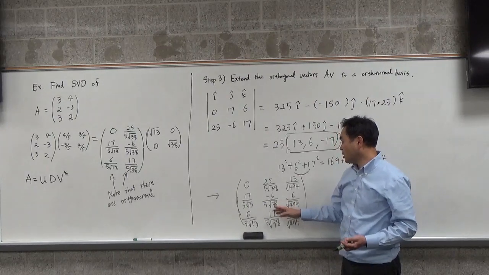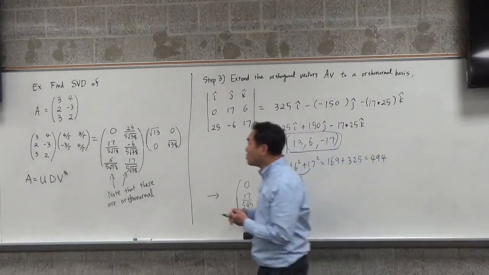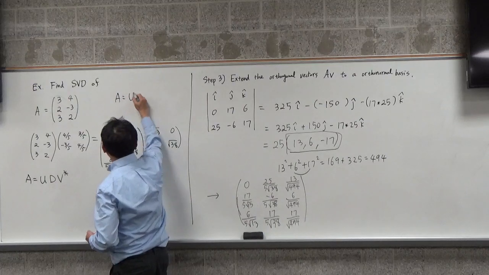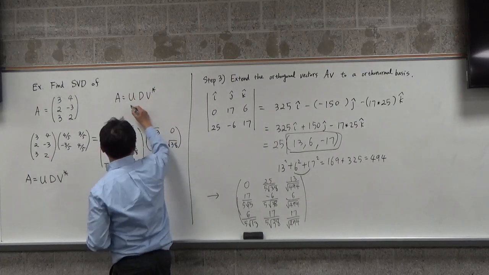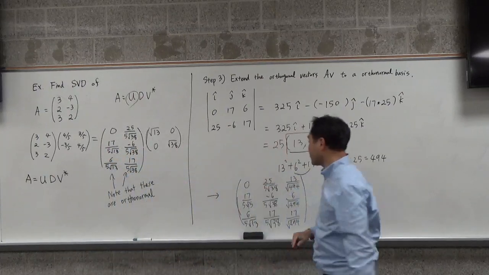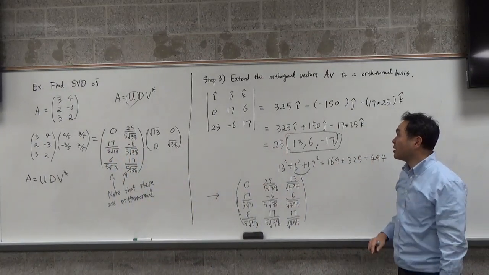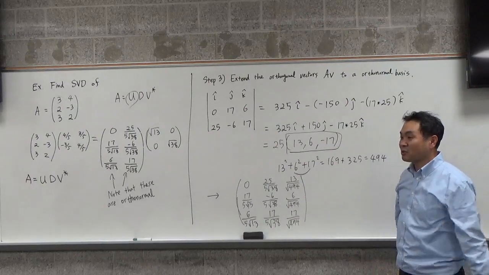Okay, so our goal is to write A as U, D, V star, right? And now we found our U. That's our U. All right, so now we are ready to write down the answer.